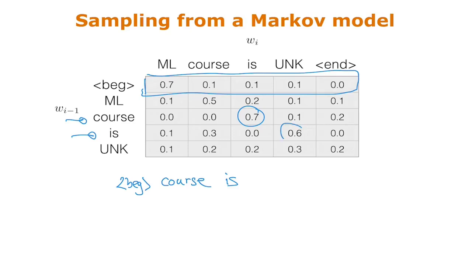We might get the word UNK here, course is UNK, and then we move to the row UNK, throw a weighted die again, and maybe now we get the end symbol and the sentence ends. This is a way that we can use the first order Markov model, the probability table, to sample an actual sentence that the model implies.